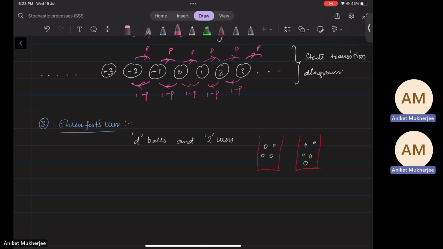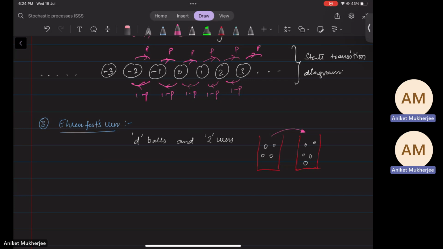So next, you put a ball from this urn to this urn. At each step, you randomly pick a ball. Irrespective of the urn, you pick a ball from both the urns uniformly at random, and you just shift the ball to the other urn. It need not be of this urn or this urn. Just out of those 8 balls, you pick a ball.